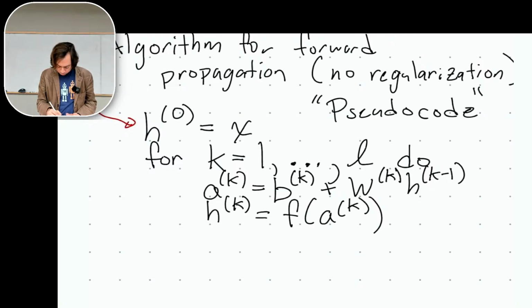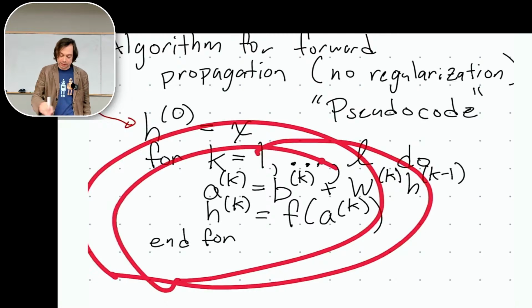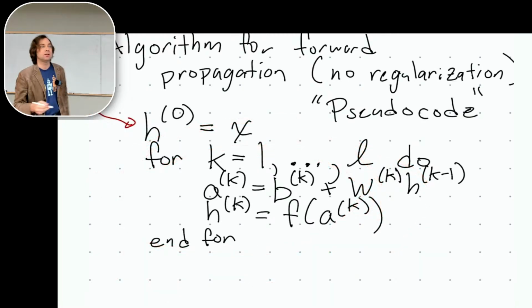Then you end the for loop, meaning you loop and repeat that for each of the layers. Say, what's my inputs? Multiply it by the weights with this matrix math. Apply the function to all the elements in that vector, and then out comes the new input to the next layer. It just repeats until you're out of layers.